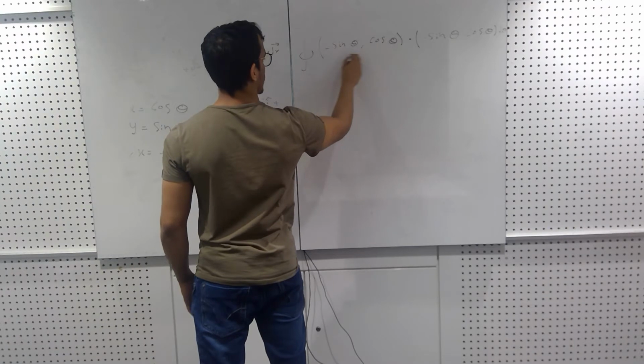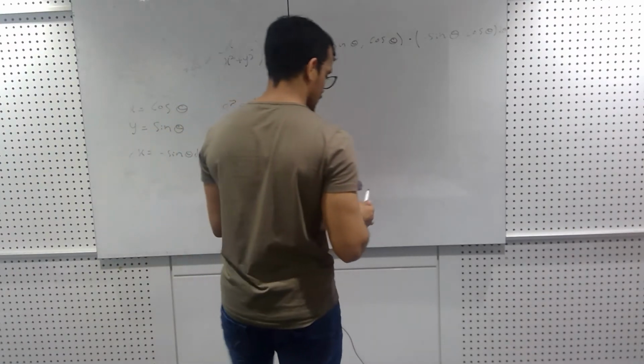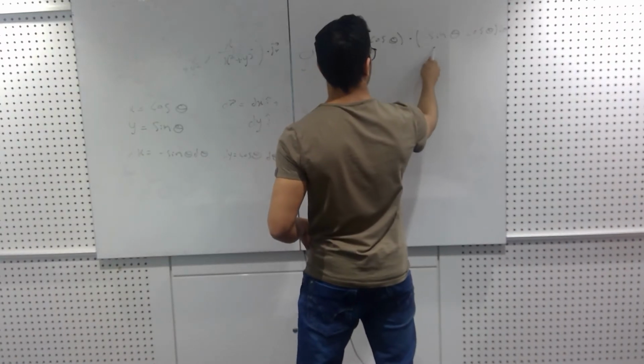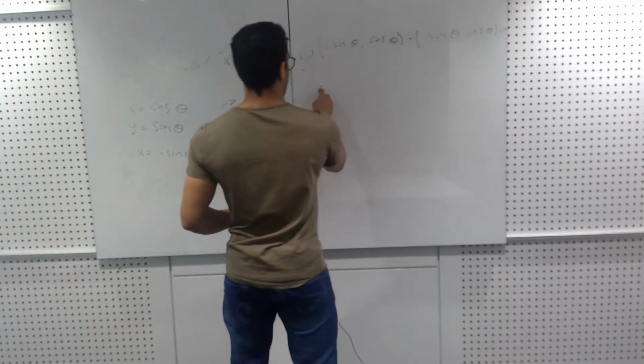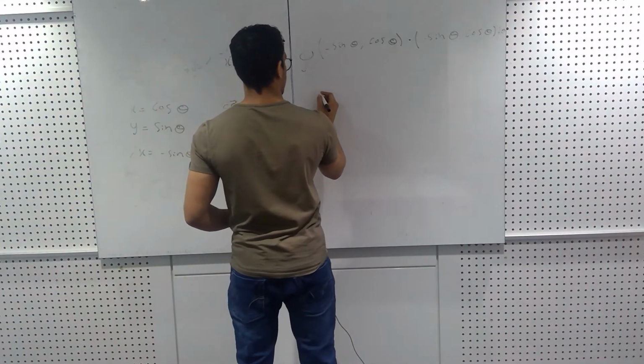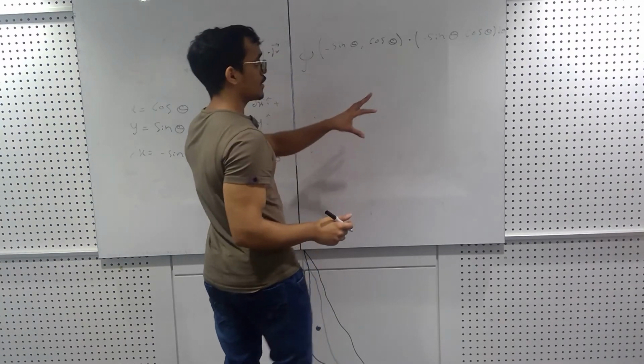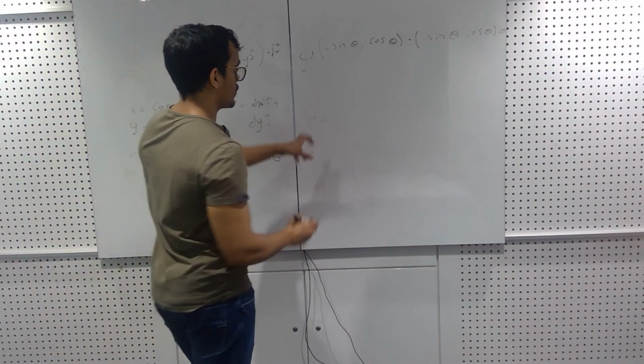We have sine of theta, and you have negative sine of theta times sine of theta. So the integral will become, because it's a circle, theta varies from 0 to 2 pi.